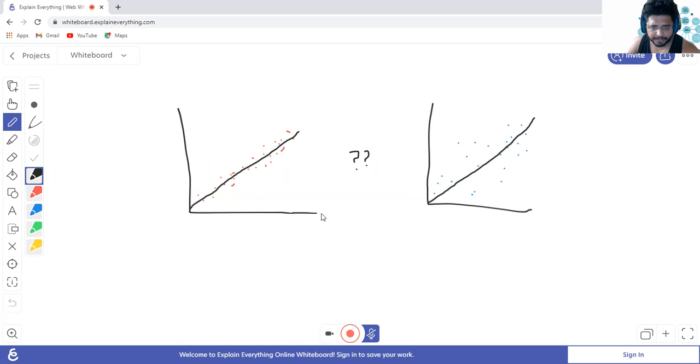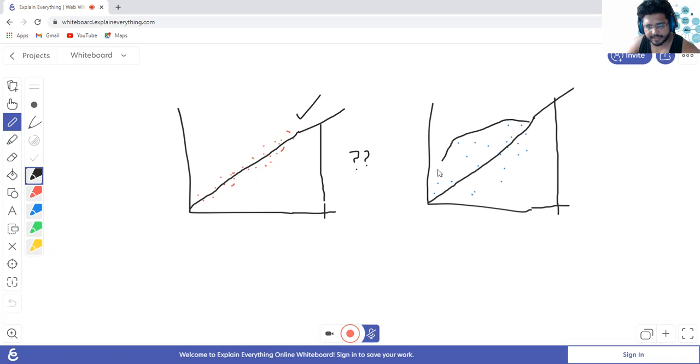Obviously, a prediction here on this best fit line is much better than a prediction here on this best fit line, right? Because here the data is so much scattered, and here the data is less scattered.